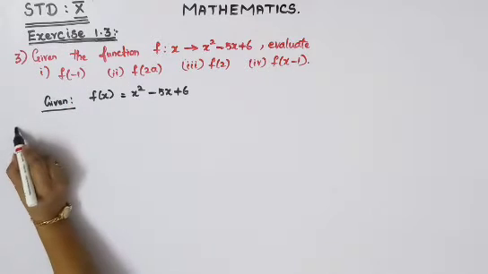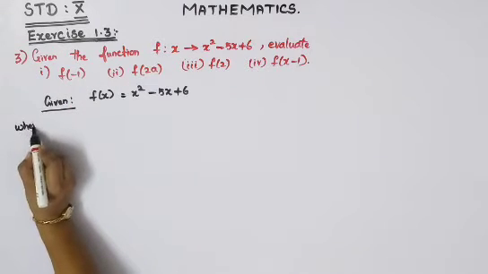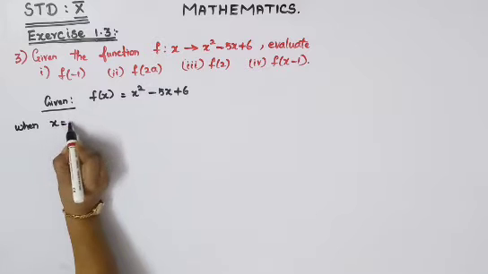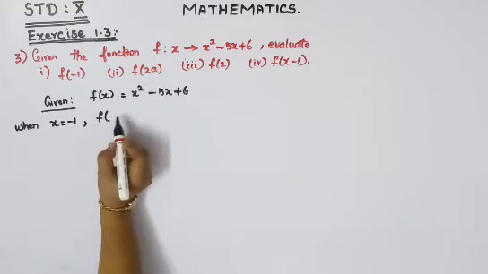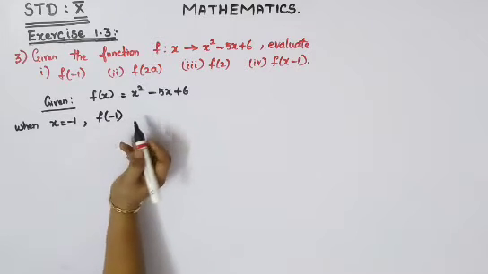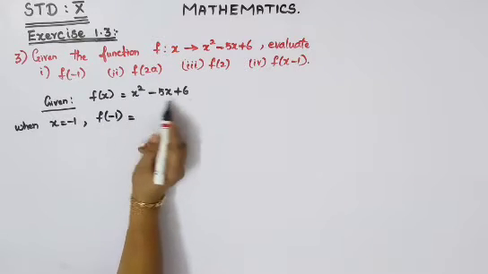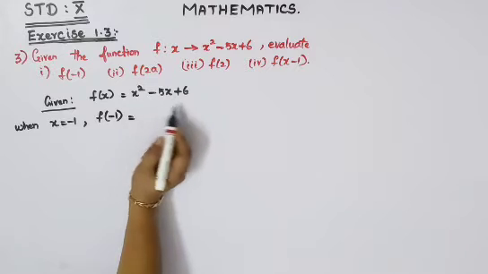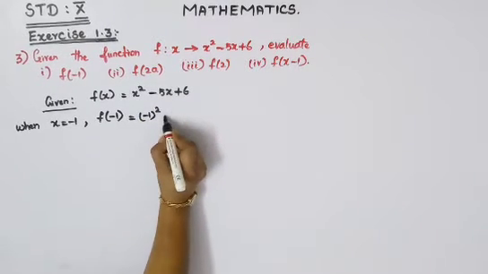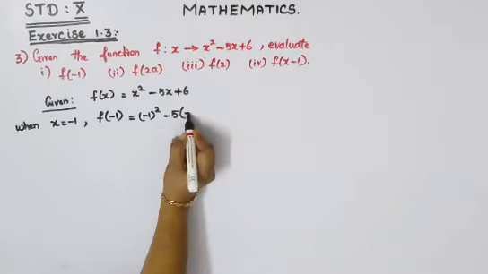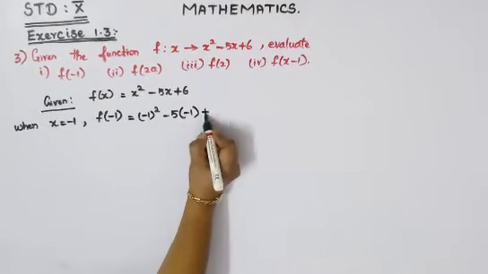So first we will write when x is equal to minus 1. So then what will happen? f of, in the place of x you will have to put minus 1. So towards your right hand side also, wherever x is there, just put minus 1. So it is minus 1 square minus 5 into minus 1 plus 6.